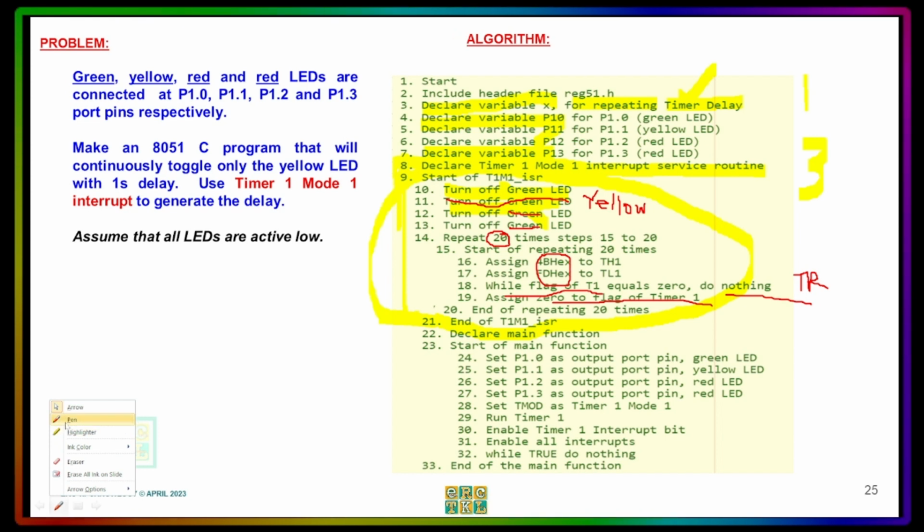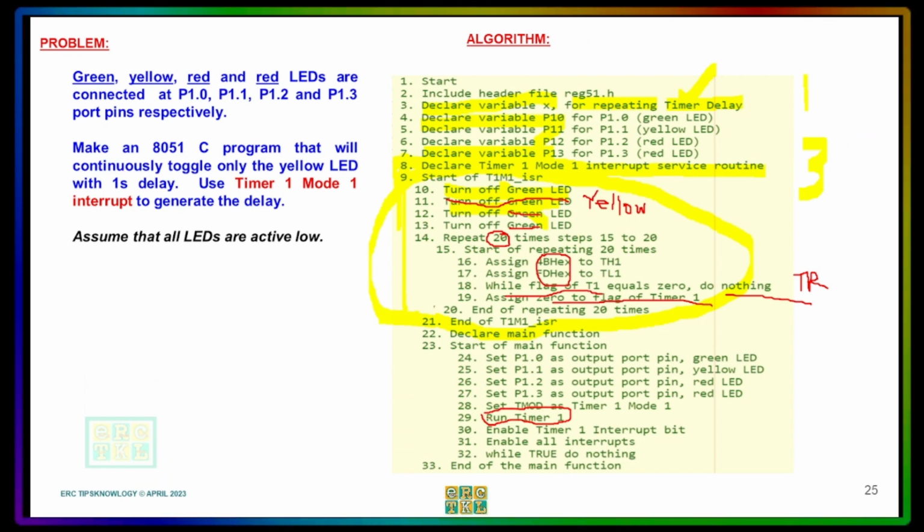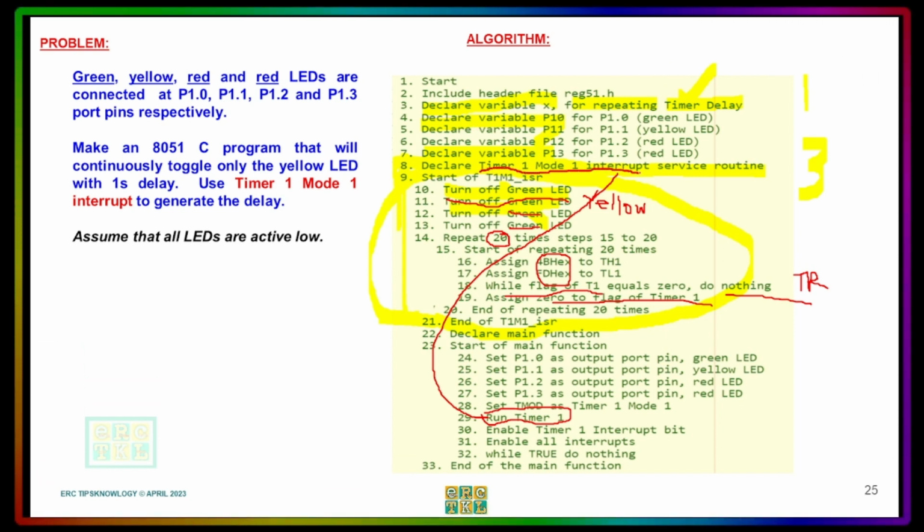we have a part where we run timer 1. When you do that, and timer 1 is represented as an interrupt here, then the interrupt will run. We did not even mention the name timer 1 mode 1 interrupt service routine. All we need to do is just run timer 1, and you will see that in the program later on.